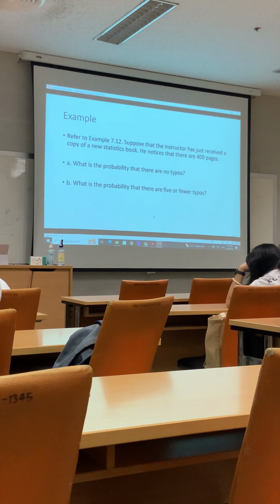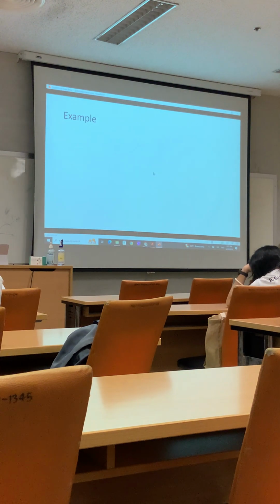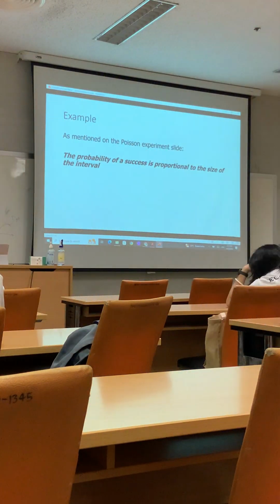And in B, we ask what is the probability that there are 5 or fewer typos. So these are not specific numbers anymore. These are asking what is the probability of y less than or equal to 5. If we're going to use the code, this will use P Poisson, not D Poisson. D Poisson is for specific values.